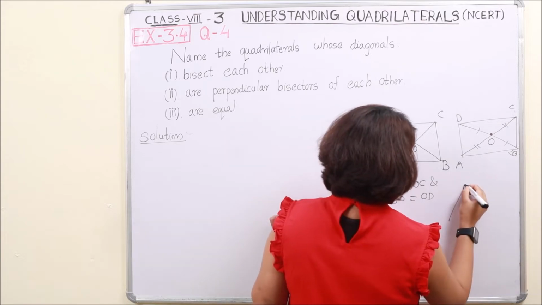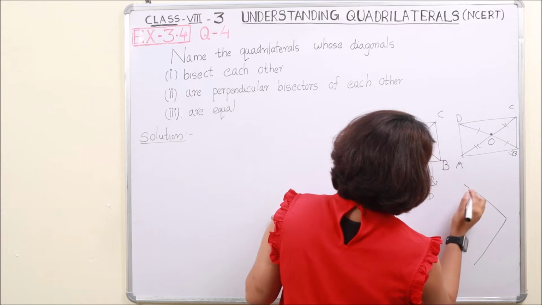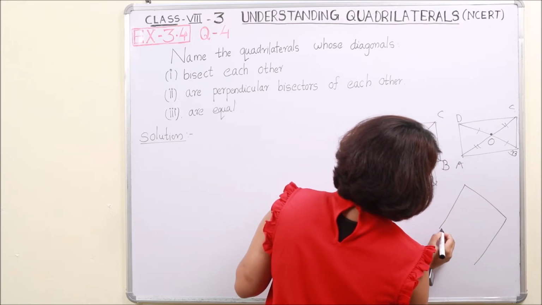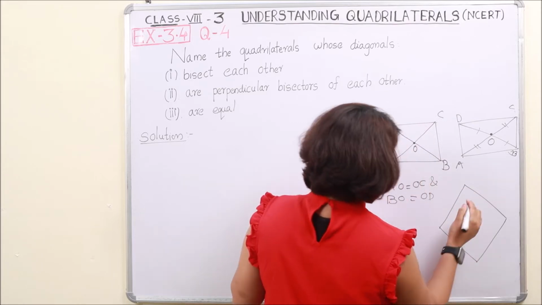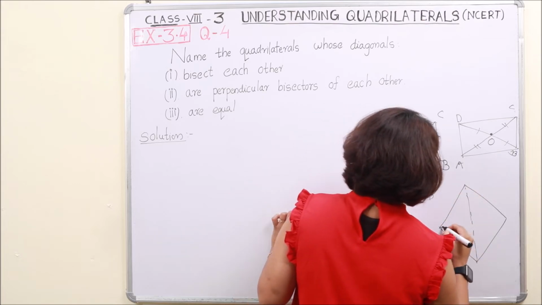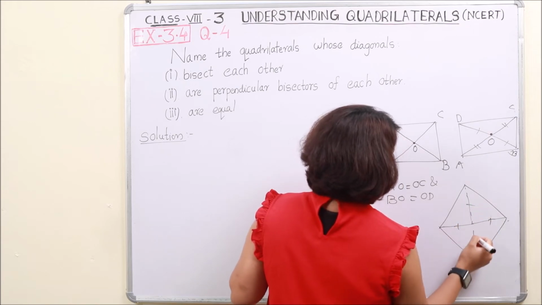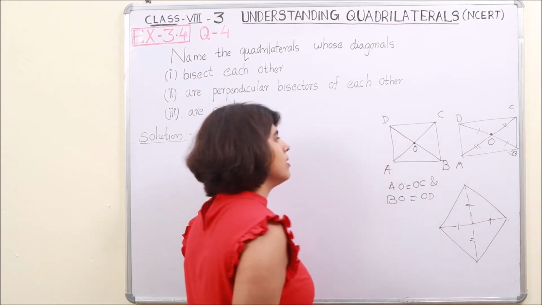And in the case of a rhombus, there are two diagonals, and here these two lengths would be equal and these two lengths would be equal. Right?